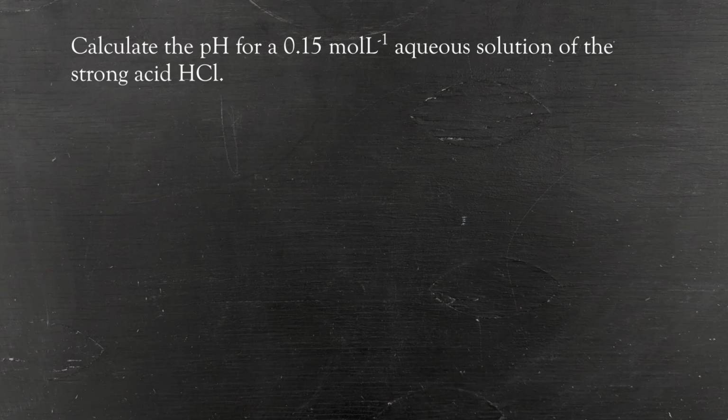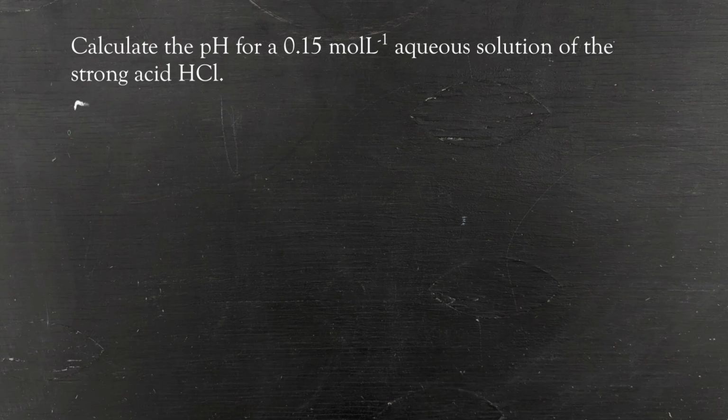One way that a pH type question could be slightly complicated is by not explicitly giving the hydronium concentration or the pH. For example, in this question, we are asked to calculate the pH for a 0.15 mole per liter aqueous solution of the strong acid HCl. Being a strong acid, HCl fully dissociates in water. So the hydronium ion concentration is going to be the same as that concentration of HCl.